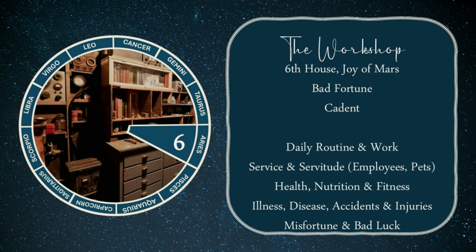This might not be the most pleasurable thing to do, but it must be done, for this is how we support our life. With the second and the tenth, the sixth is an indicator of the way we earn money, but the sixth has more focus on the daily activities necessary to earn it.